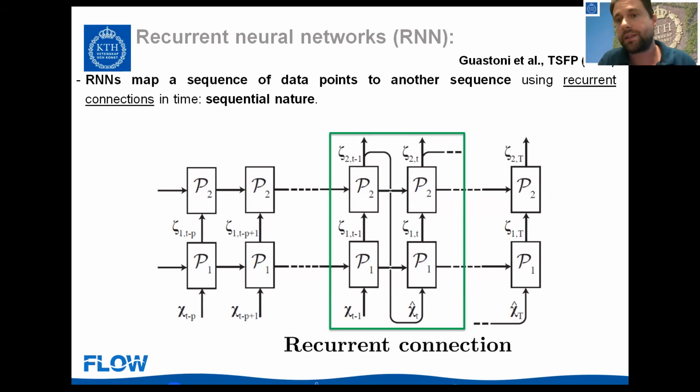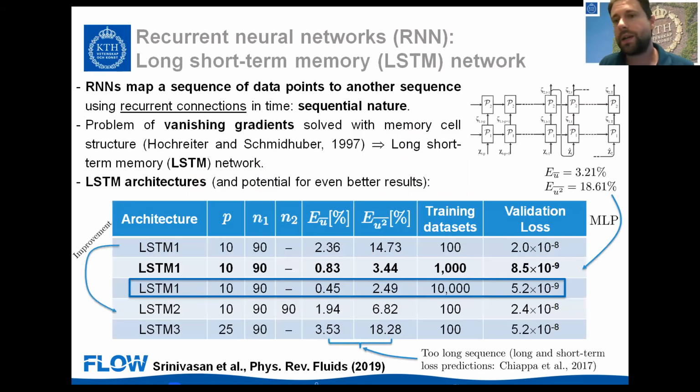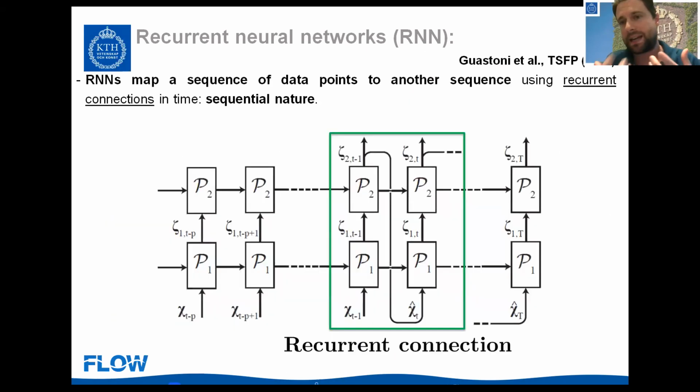I'm not going to go into the details of the LSTM, which is what we're going to use in this work, but basically the key is to use a gating mechanism to weight how much of the past information I need for my predictions and how much of the present information I need to have decent predictions, essentially. And that's how the training is done for the LSTM.